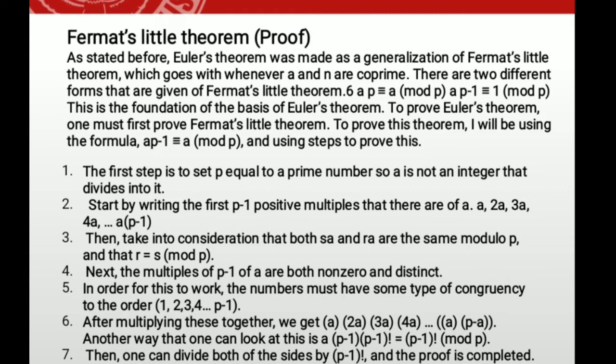After multiplying this together, we get a times 2a times 3a times 4a up to (p-1)a. Another way to look at this is a^(p-1) times (p-1) factorial is equal to (p-1) factorial mod p. Then, one can divide both sides by (p-1) factorial and the proof is completed.